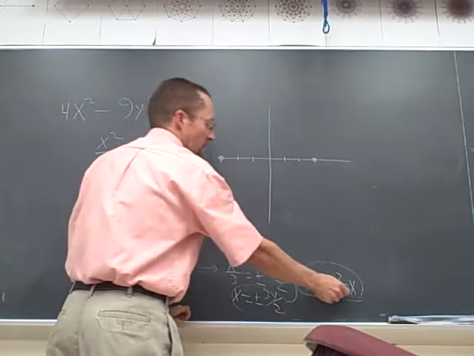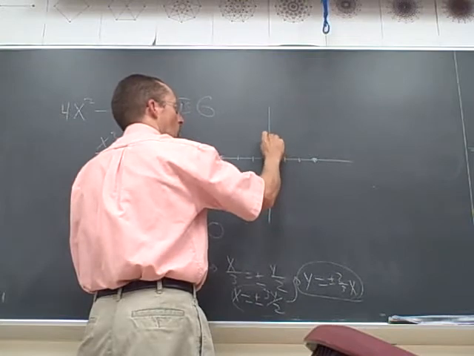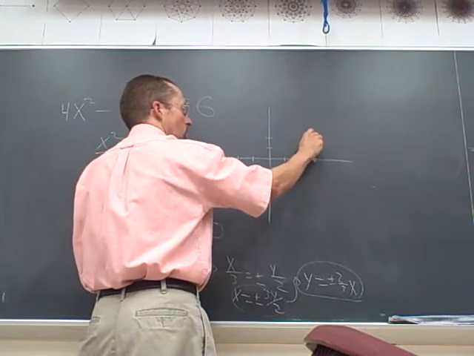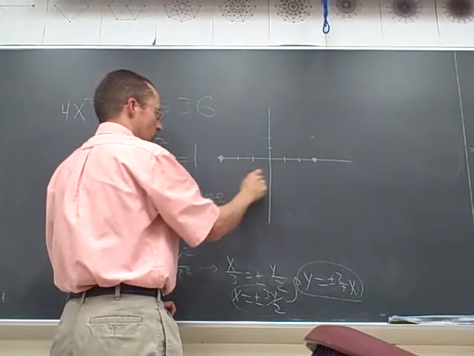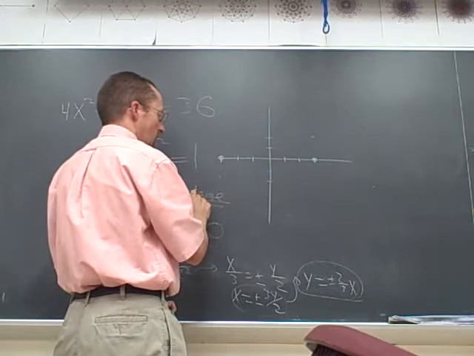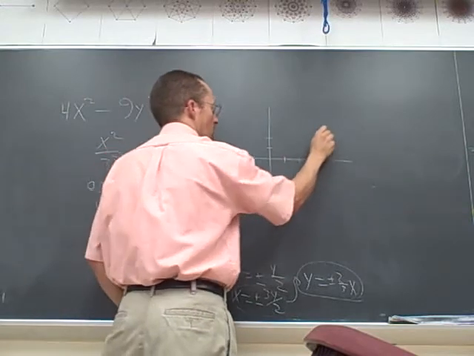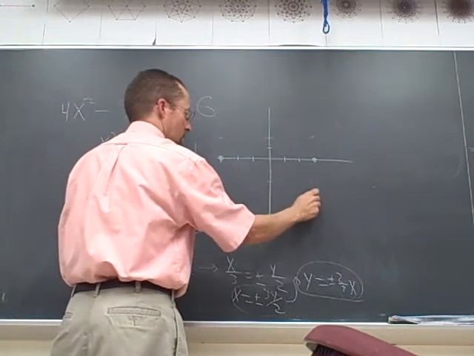And the interesting thing there is that if x is equal to 3, then y is equal to 2. Now that's not a point on the curve, it's a point on the asymptote. Similarly, if x is minus 3, then y is equal to minus 2. So that line is one of the asymptotes, and then the other one is here.